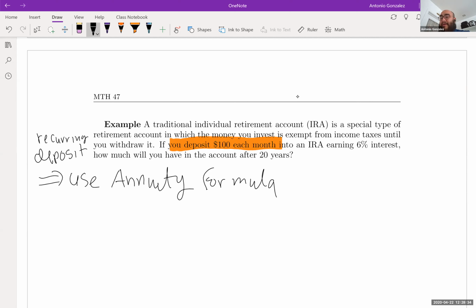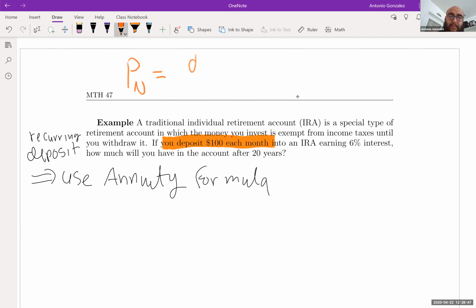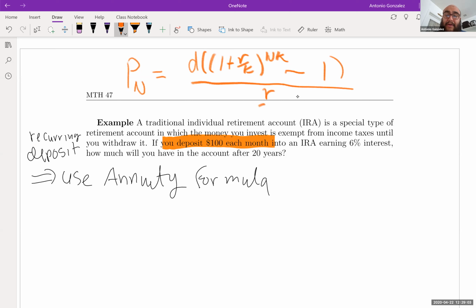Let me write that up here so we can reference it. Our annuity formula: one plus R over K, to the N times K, minus 1, and then all of that divided by R over K. So I have the formula there for reference.